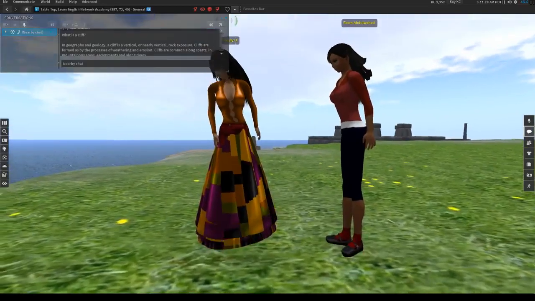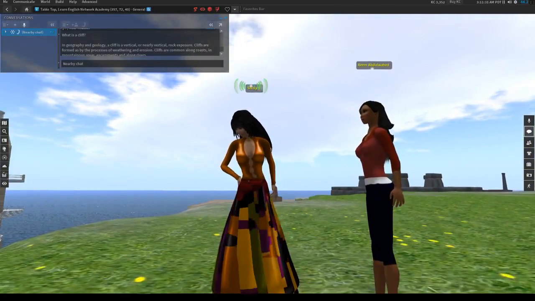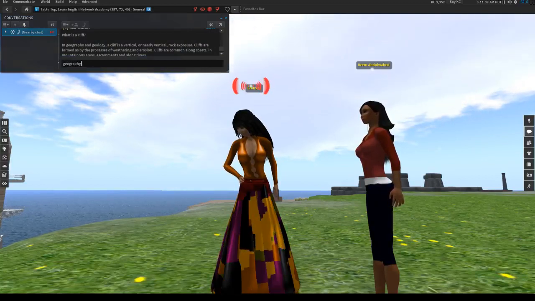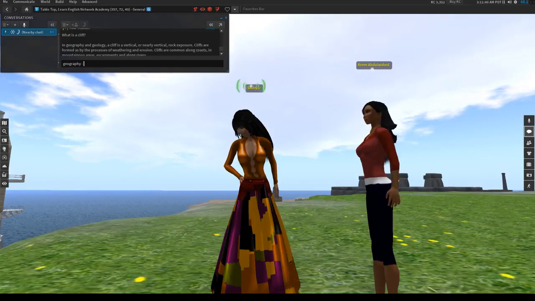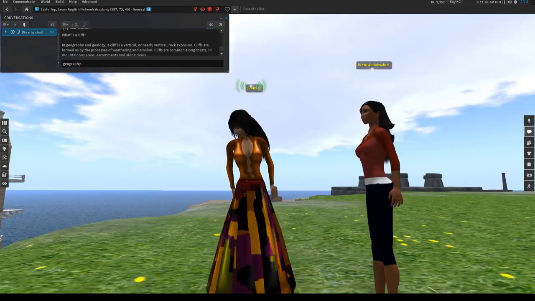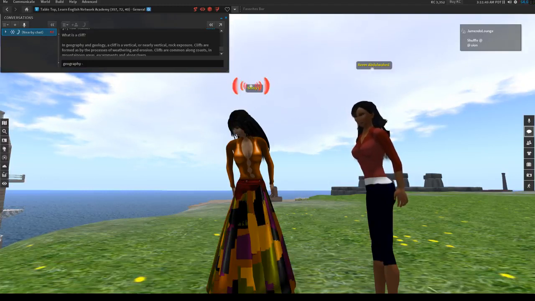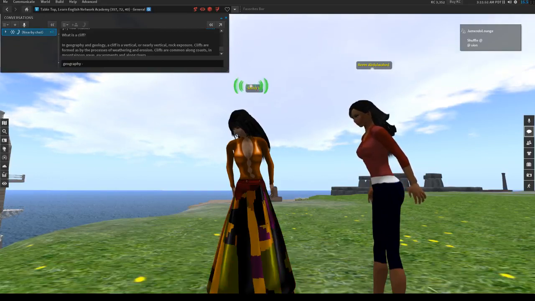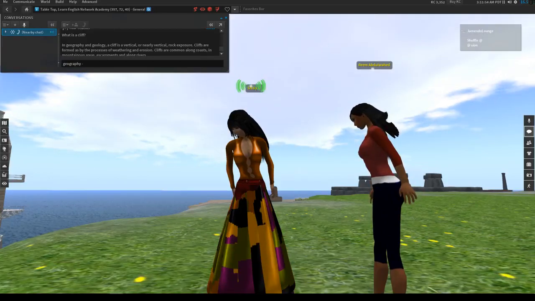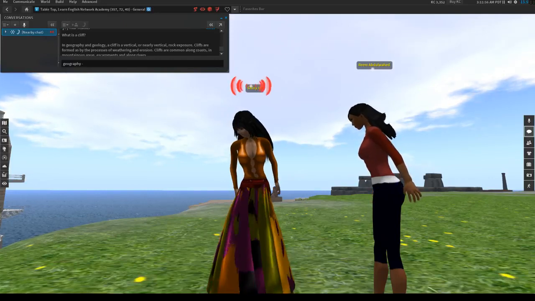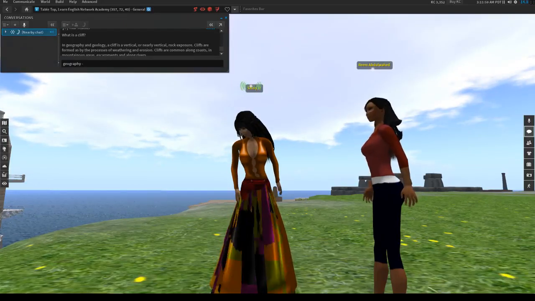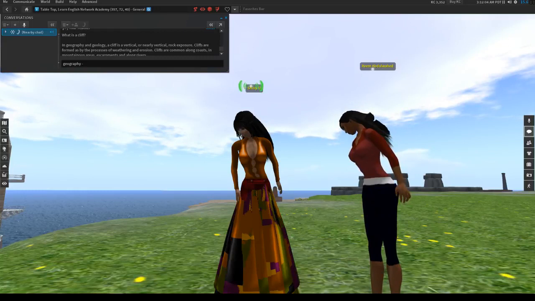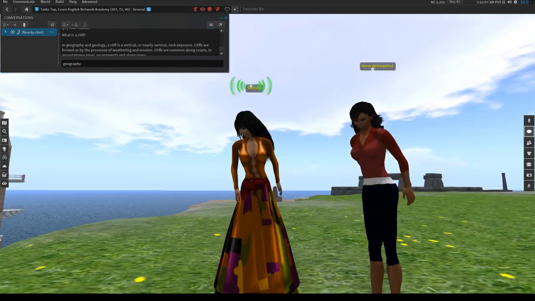What is a cliff in geography and geology? A cliff is a vertical or nearly vertical rock exposure. Cliffs are formed by the processes of weathering and erosion. Cliffs are common along coasts, in mountainous areas, escarpments and along rivers.